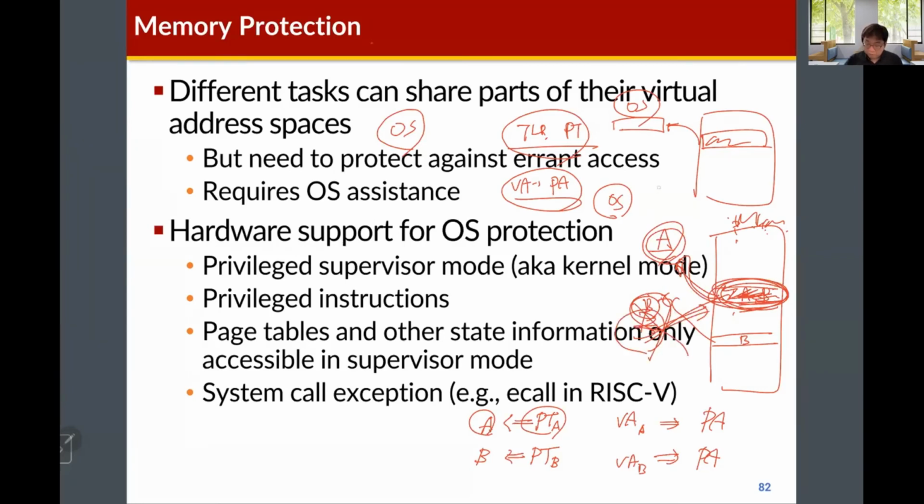So the protection bit is assigned as some control bits of the page table entry. Okay, so the operating system can also provide the memory protection function using the page table entry.